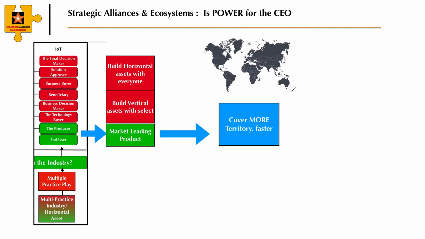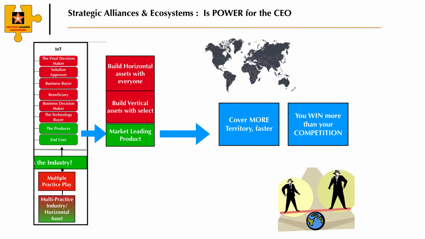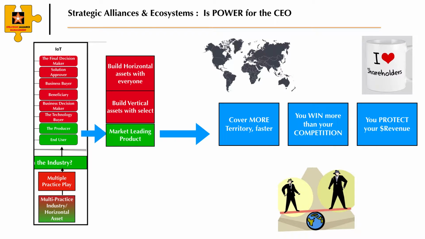You cover more territory faster because now you're riding with the GSI. Point number two is you win more than your competition, just simply because you are now covering more ground and faster. And the third piece is this is how you protect your revenue.